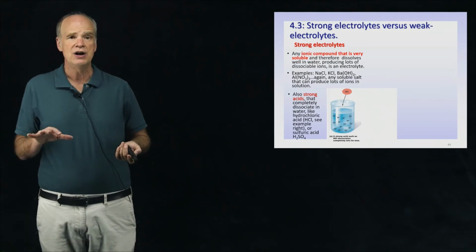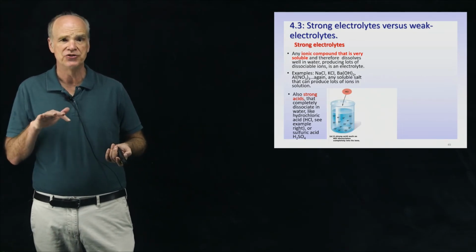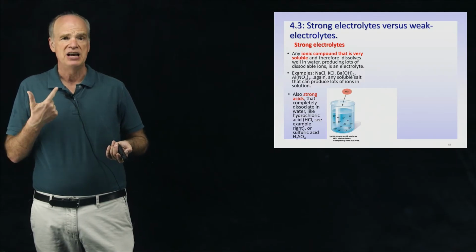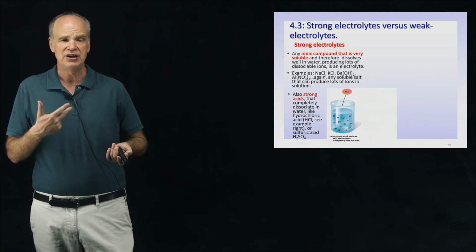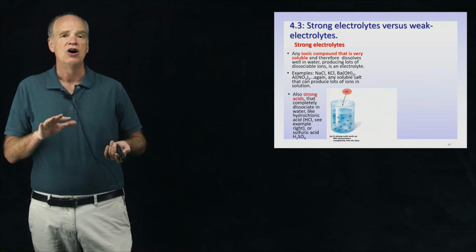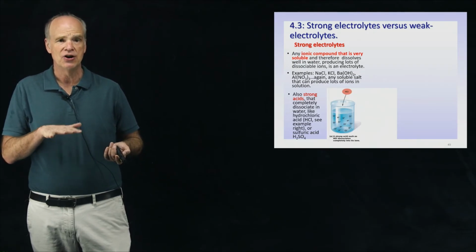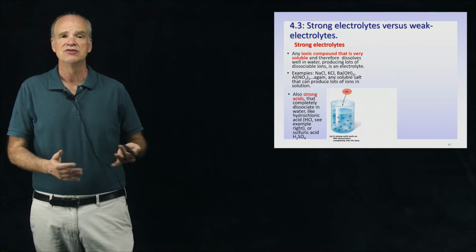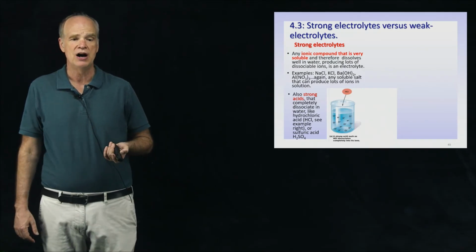So whenever you have a strong acid dissolved in the water, so for example, HCl, H2SO4, which is sulfuric acid, HNO3, which is nitric acid, all strong acids are considered strong electrolytes, again, because they're producing a lot of ions which are mobile in the water.